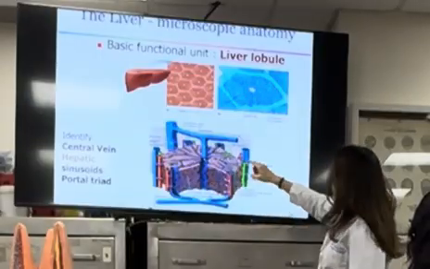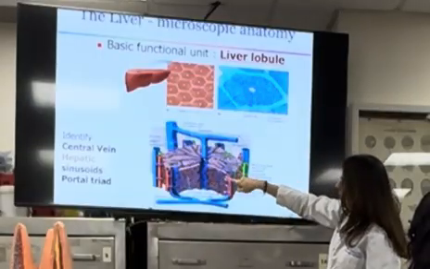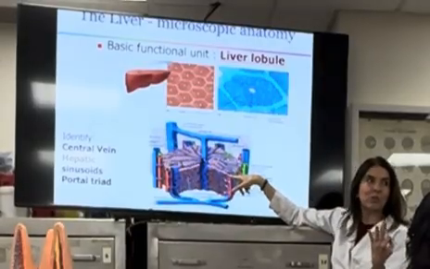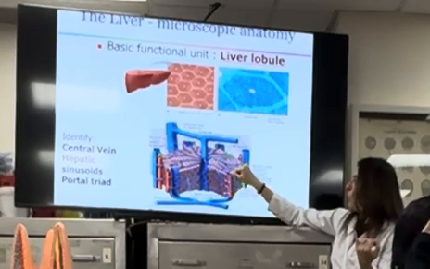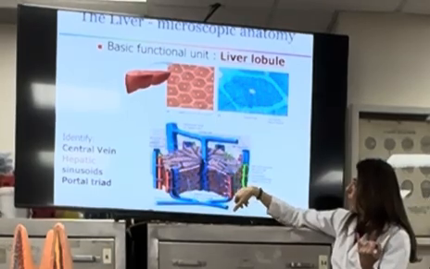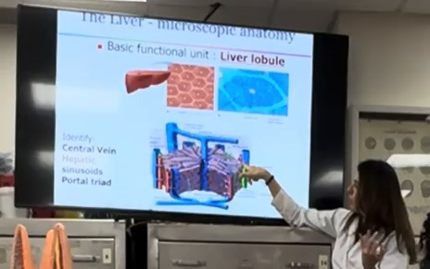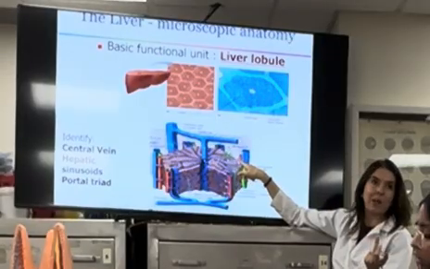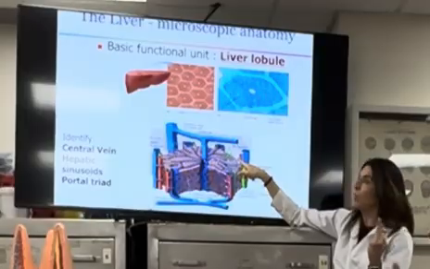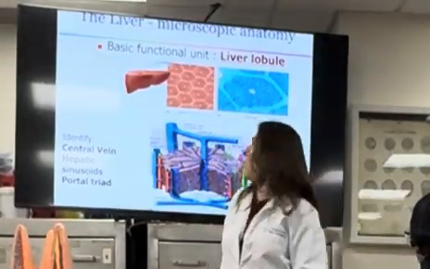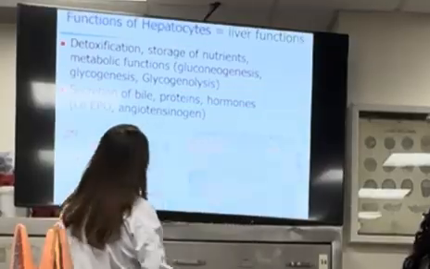Okay, and then you have also the portal triad. If I ask you, for example, list the three structures of a portal triad. One is a branch of the bile duct. We have a branch of the portal vein, and we have a branch of the hepatic artery. Okay, those are the three components of the portal triad that are found in the corners of the liver lobule.